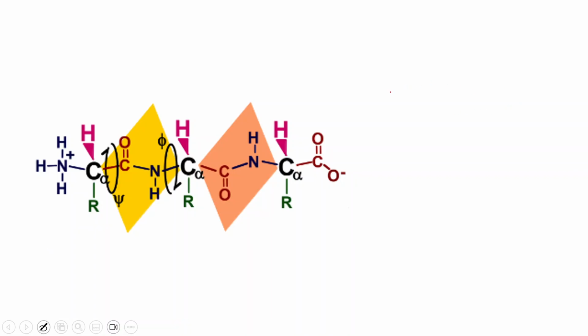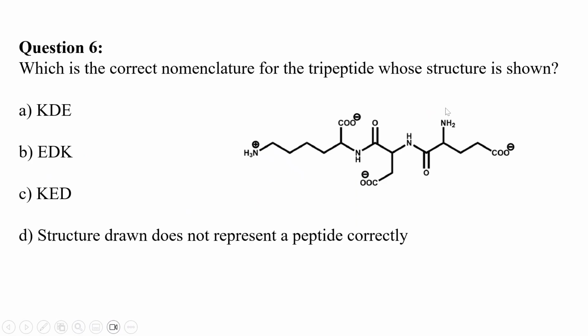So if you have 4 atoms, 1, 2, 3 and then 4, one plane is formed by the first 3 atoms and the second plane is formed by the next 3 atoms.